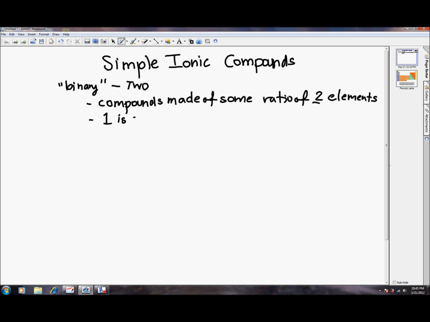One of the elements is a metal, but not just any metal. It has to be an alkali metal or an alkali earth metal, or any of the metals in the boron family.